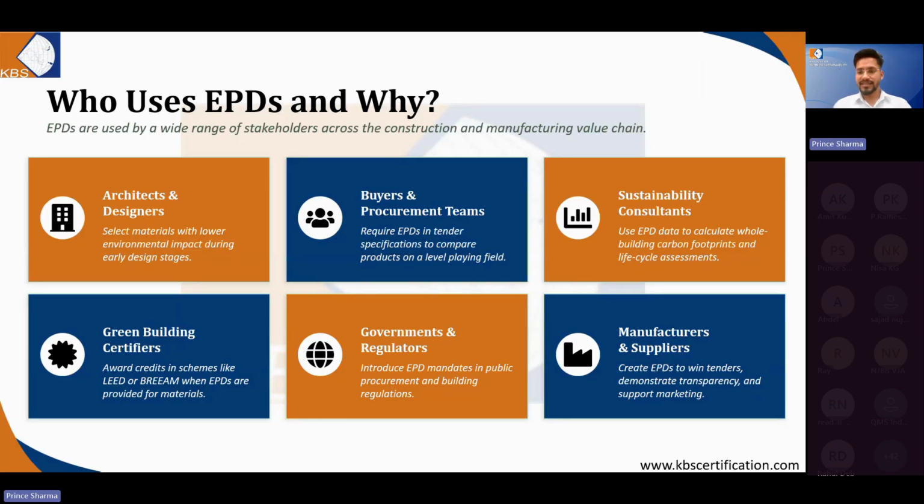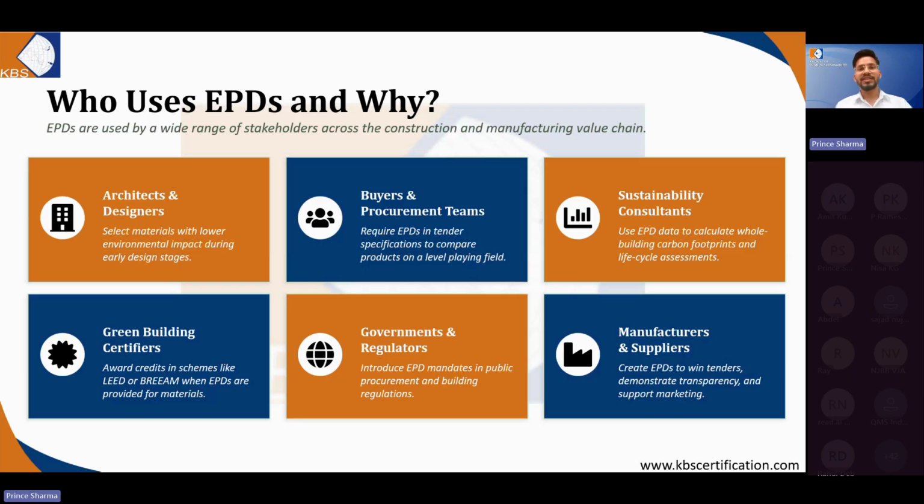Then manufacturers and suppliers also try to have these EPDs. If somebody is a big manufacturer like Hindustan Unilever or Nestle, or if we talk about Toyota in the automotive manufacturing industry, what will they be asking their OEMs? They will be asking them to please have an EPD for your product part, so that they can show their environmental impact.